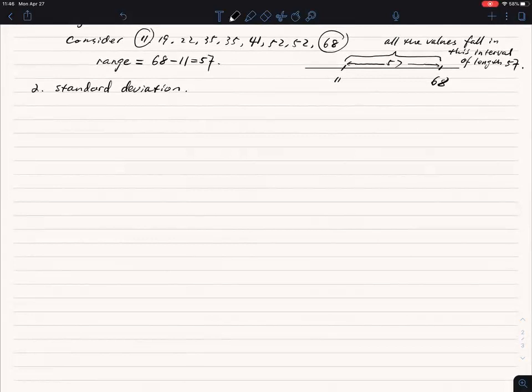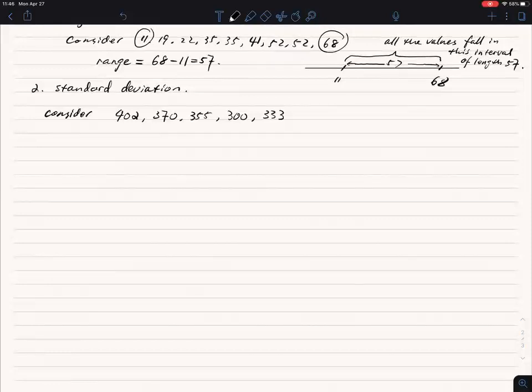Let's first consider a data set: 402, 370, 355, 300, 333. A very small data set.